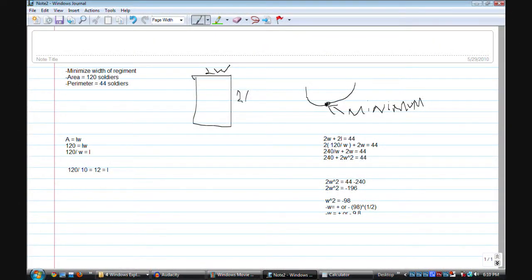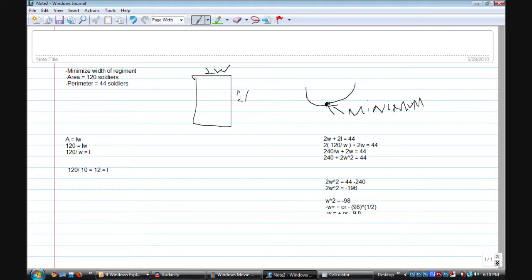Let's suppose we want to optimize the regiment so that it is able to resist the shock from cavalry that could be attacking from the enemy. We go ahead first and draw our rectangle, since the formation of regiments back in the 1700s were rectangular, and I put 2 W's and 2 L's as you see in the image, because that will remind me that I have 2 widths, one at the top, one at the bottom, and 2 lengths, one at the right and one at the left.